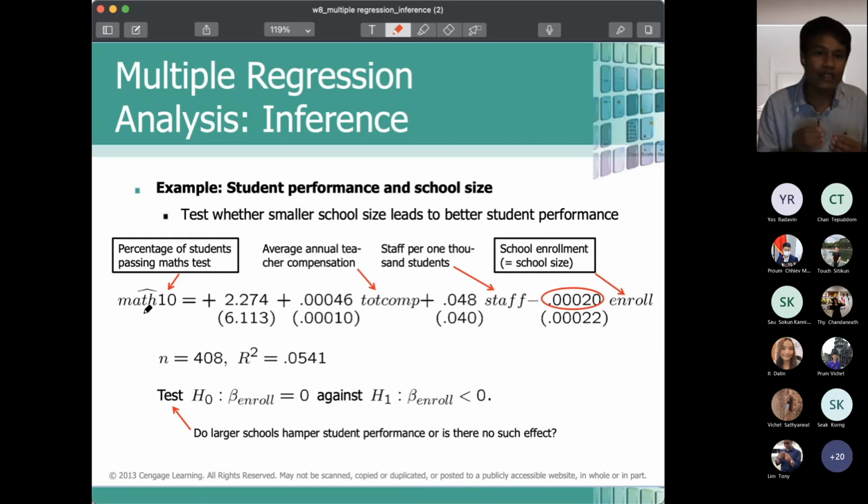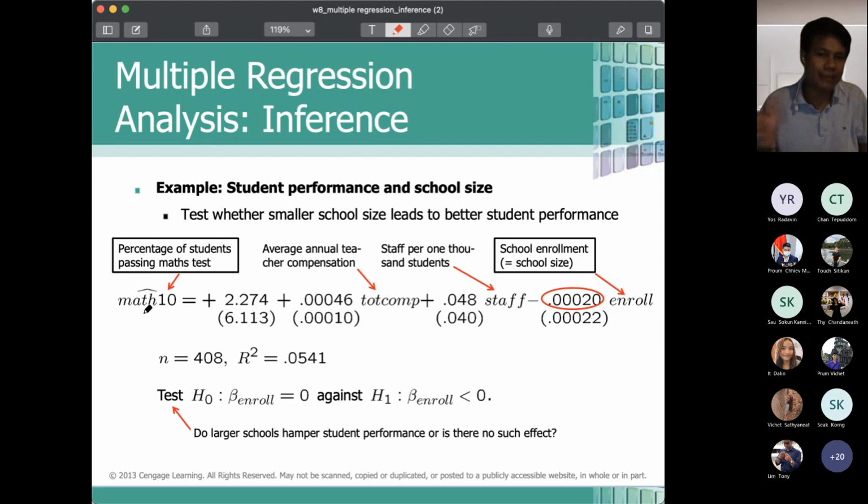All right. We want to know whether class size has any effect on students passing a math test or not. So in simple terms, we want to know whether school size affects math score or not.